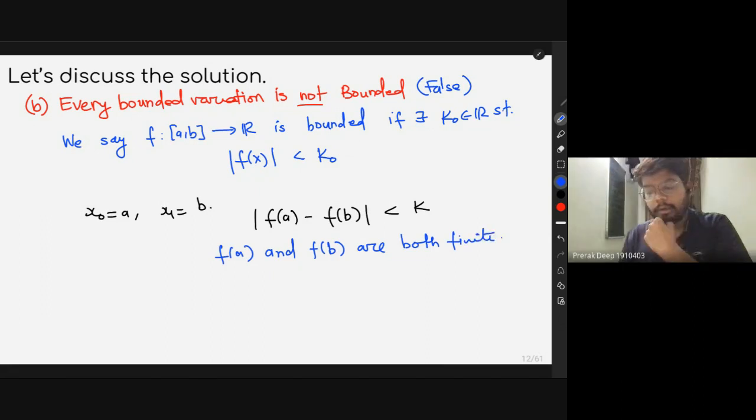Because if any of them is not finite, then their difference can't be bounded by some k.